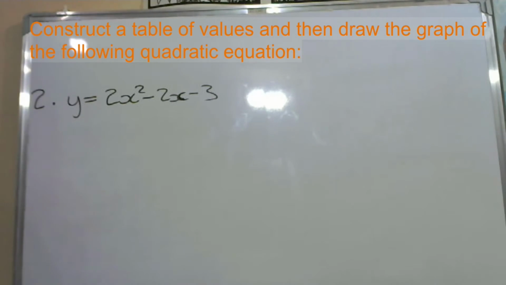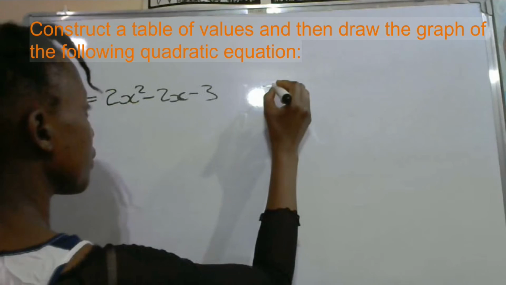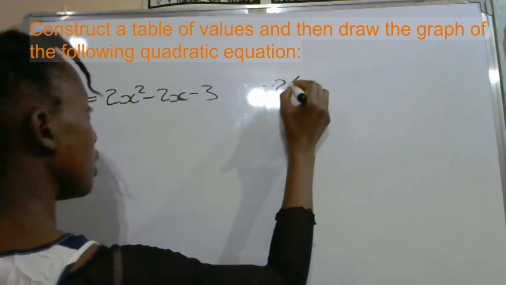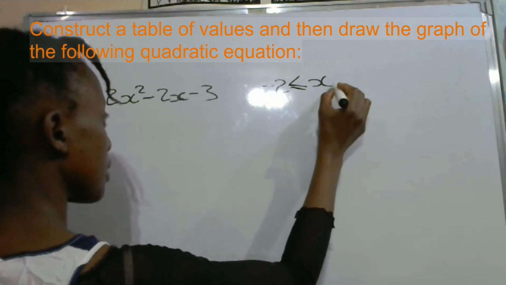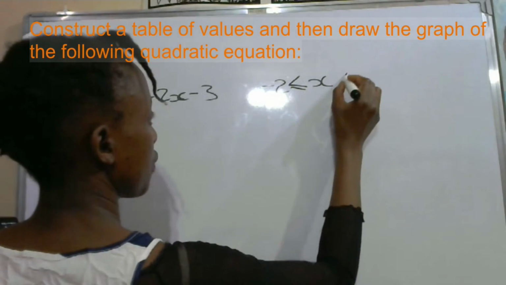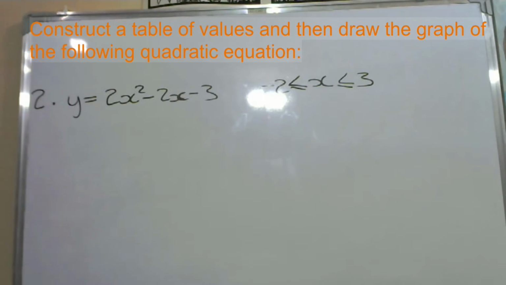And we are given the following range for the x values. It's x is from -2 to +3. So let's see how we construct the table of values and also draw the graph of that equation.